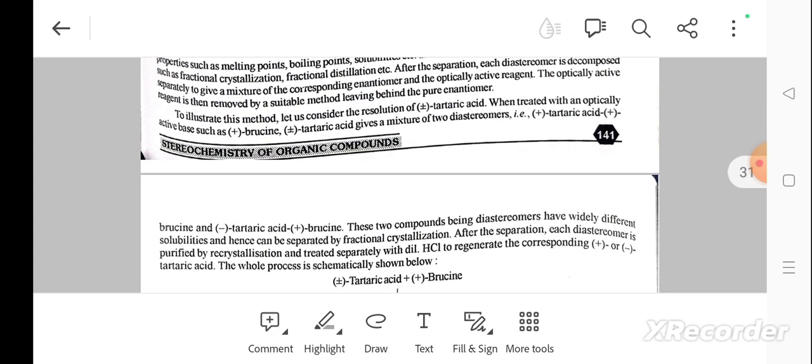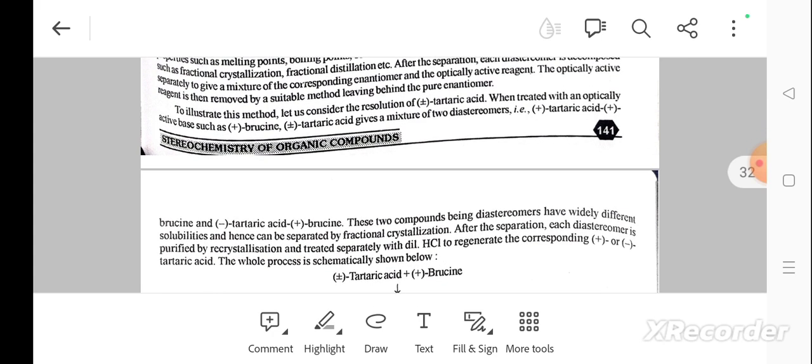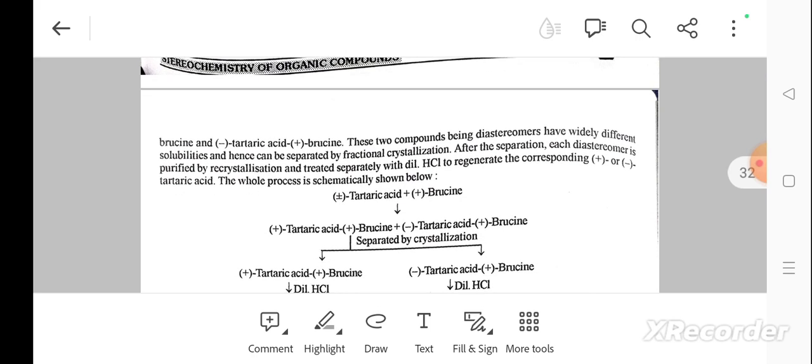To illustrate this method, let us consider the resolution of positive-negative tartaric acid when treated with an optically active base such as positive brucine. Positive-negative tartaric acid gives a mixture of two diastereomers: the positive tartaric acid and positive brucine salt, and the negative tartaric acid and positive brucine salt.